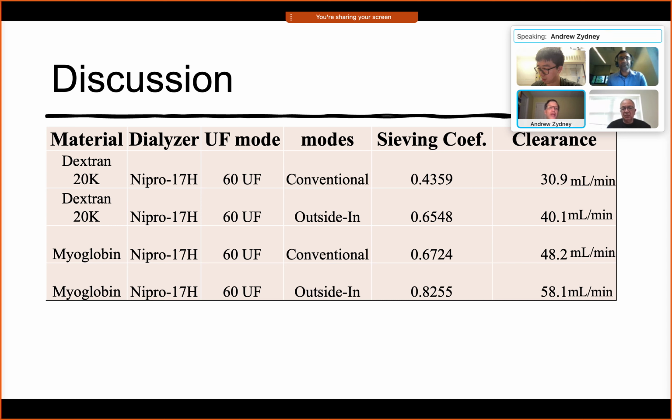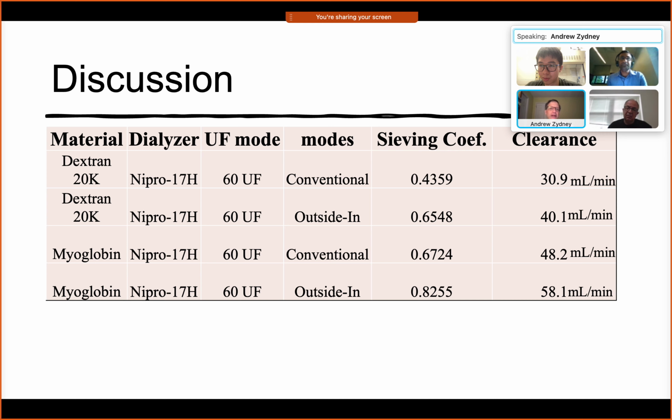And so, the fact that there's a difference in sieving coefficient does imply that there will be a difference in clearance, because we think that the clearance is partially due to this convective flow, even at zero ultrafiltration, because of this Starling phenomenon.